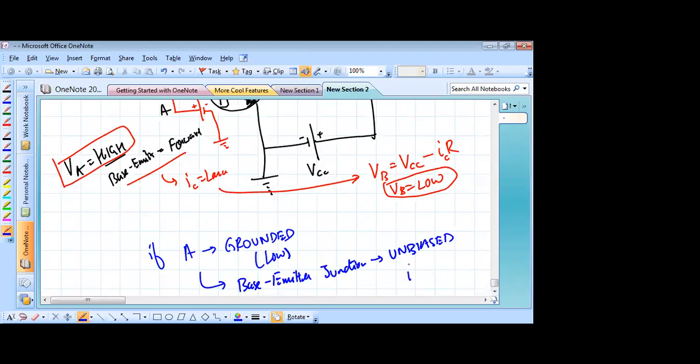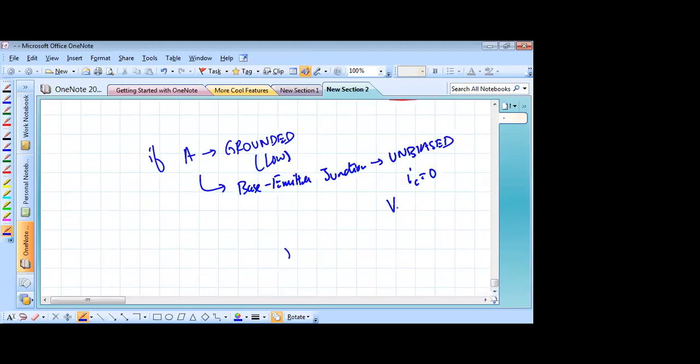So collector current is 0. So what about the voltage of that point D on that side? It just becomes plus VCC, or high voltage. So E being grounded corresponds to D being at a high voltage.